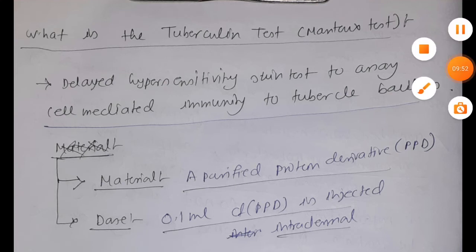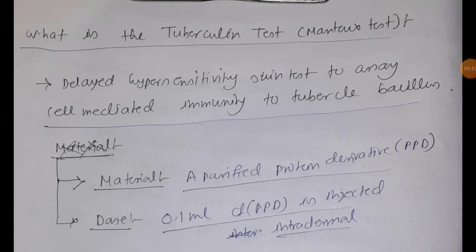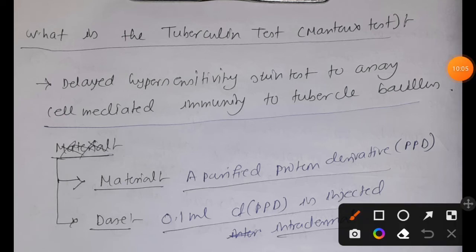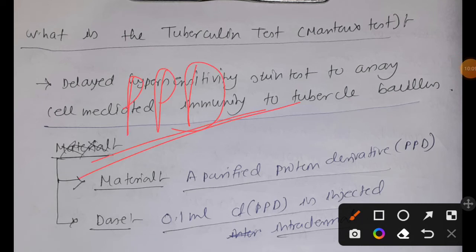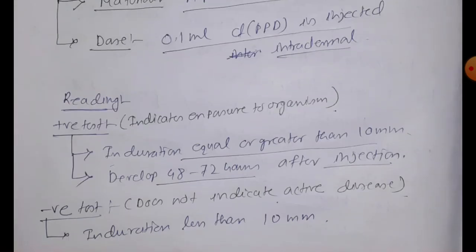So again, it is a delayed type hypersensitivity skin test that will simply assay the cell mediated immune response to tubercle bacilli. Here the material will be PPD, the purified protein derivative of tuberculin, which we will inject in an amount of 0.1 milliliter intradermally, and as a result, if there is a presence of antigen, then there will be formation of a red bump.